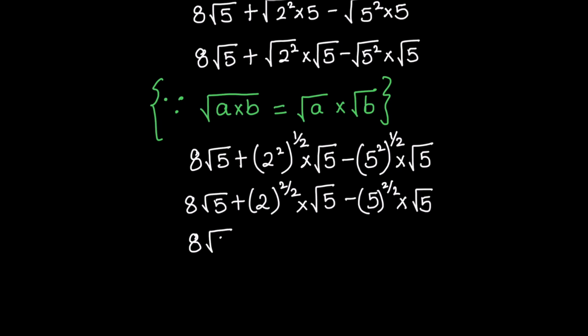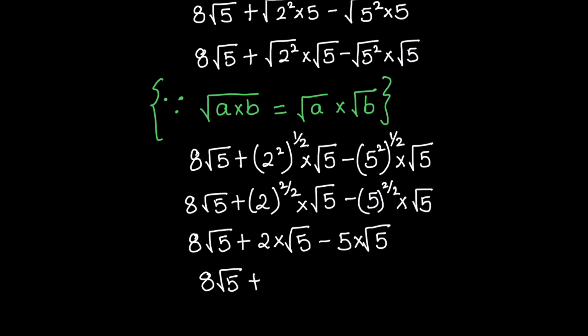Solving this will be 8 square root of 5 plus 2. This 2 and 2 will get cancelled, so we have 2 times square root of 5, minus, here this 2 and this 2 are cancelled, so we have 5 times square root of 5.